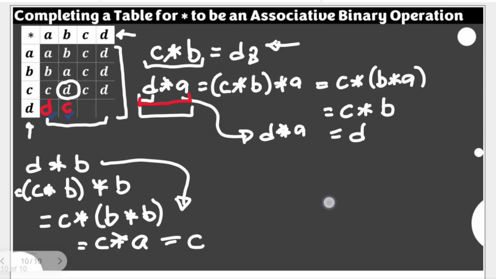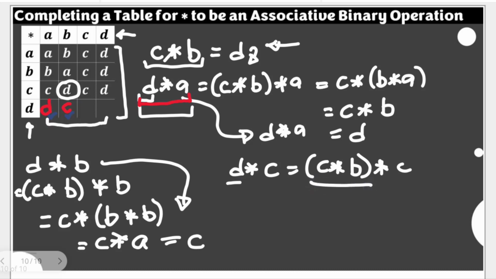So, let's have D star C. Okay? D star C, rewriting this, C star B star C. Again, D is C star B as given here.